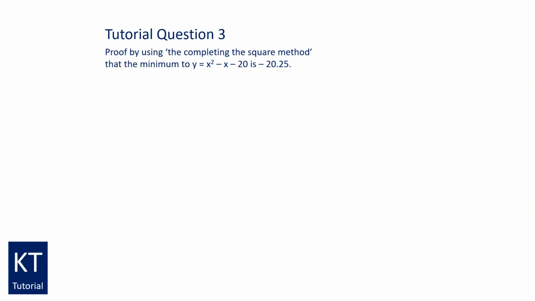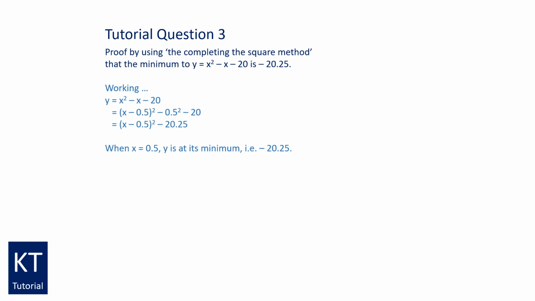Tutorial question 3. Prove by using the completing the square method that the minimum of y equals x squared minus x minus 20 is minus 20.25, as in tutorial question 2.